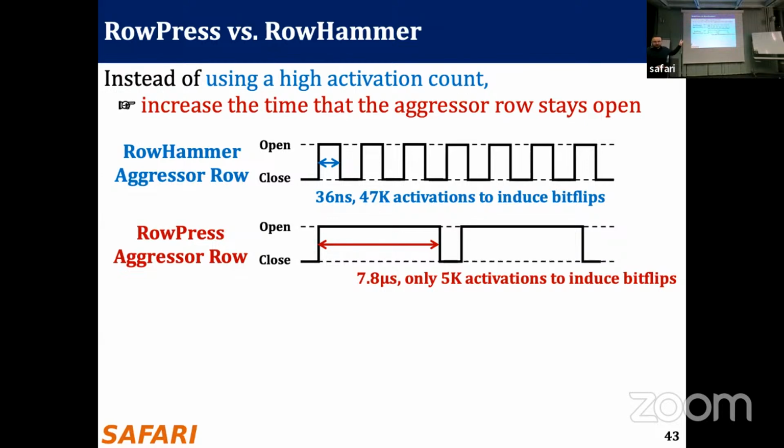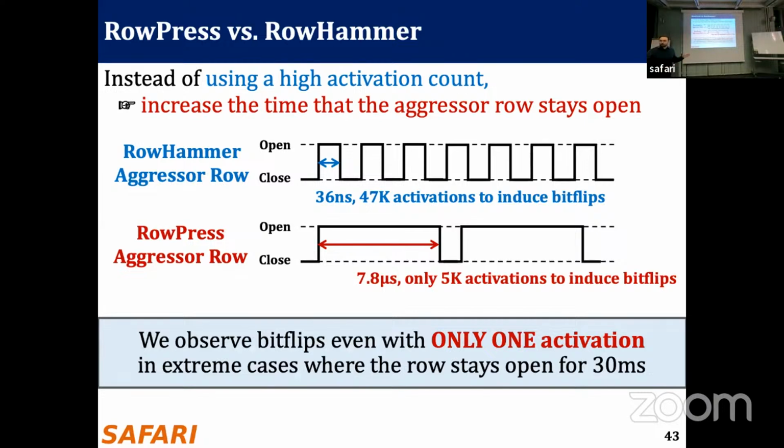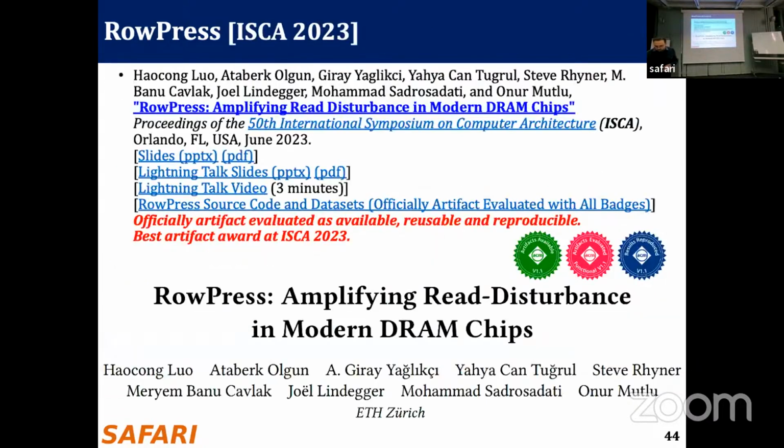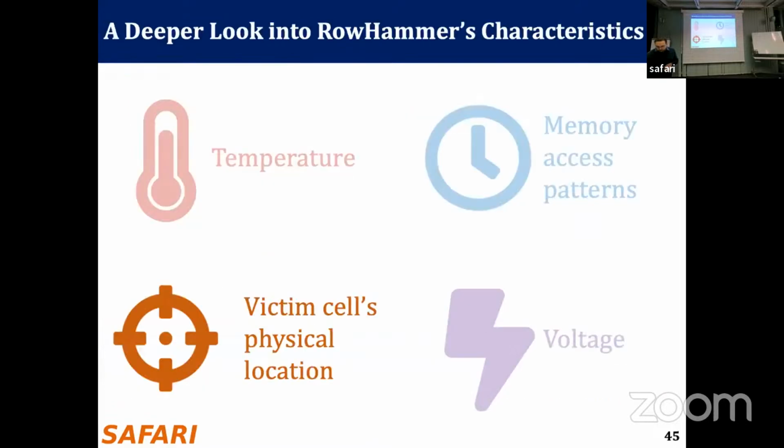So it's an order of magnitude reduction in the hammer count. And if you wait for 30 milliseconds, which might not be practical in commodity systems, it still shows the boundaries and significance of this phenomenon. Only one activation is enough to induce bit flips. And yeah, this is the paper. I recommend you go check it.